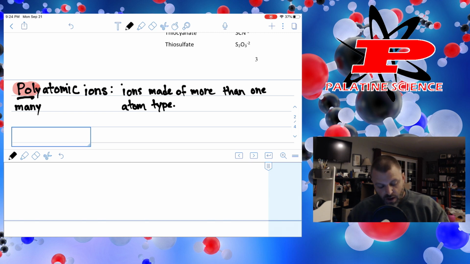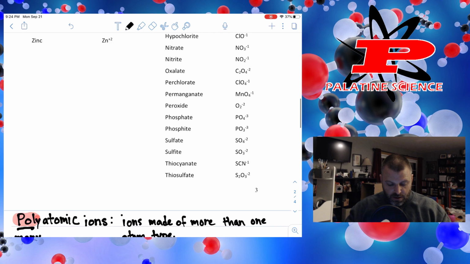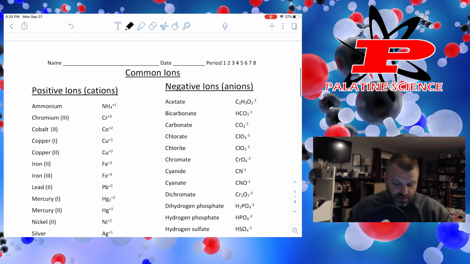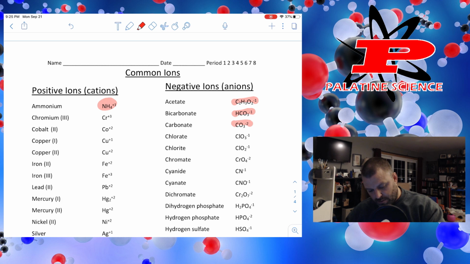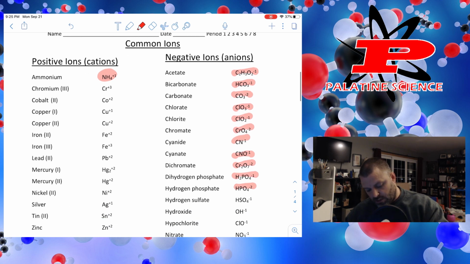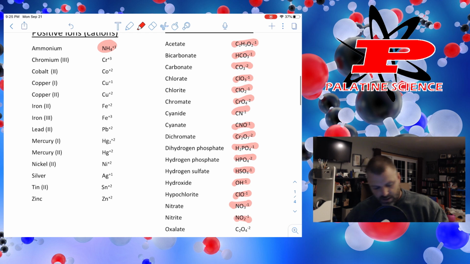So where do we find these polyatomic ions? Well, there's a couple places, but this chart right here gives you an idea of all of these polyatomic ions. Now notice that most of the polyatomic ions are anions. Most of them have negative charges, although there is one exception on our common ion chart that you need to know for this class, and that's ammonium.